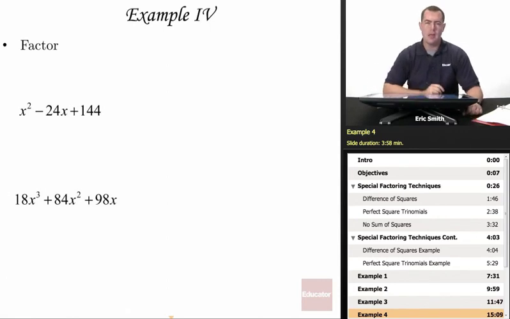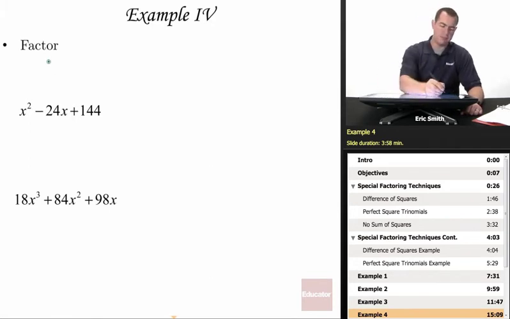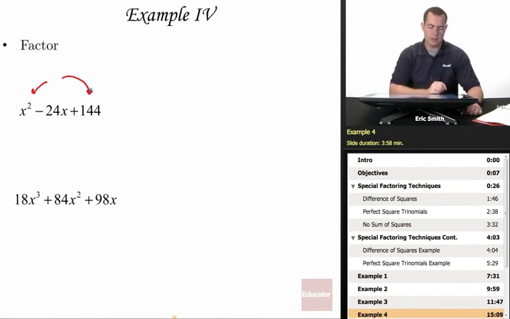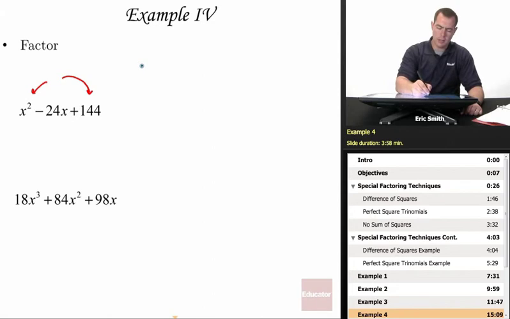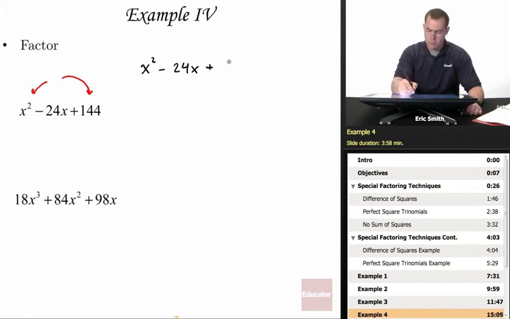All right, now that we've seen some of those, let's get into our perfect square trinomials. The first one I have is x squared minus 24x plus 144. Let's double check to see that this really is a perfect square. My first term is squared and my last term is squared. So I'm really looking at something like x squared minus 24x, and then what would be squared to give the 144?